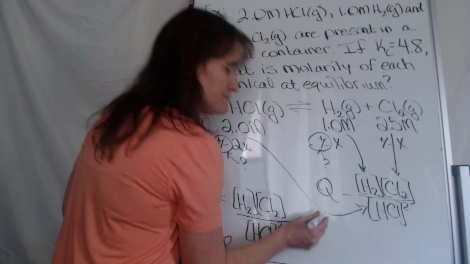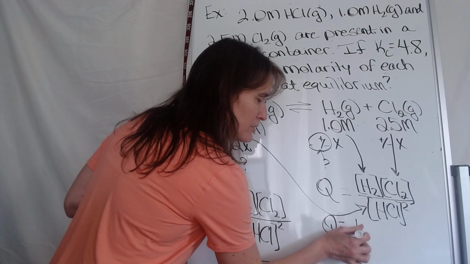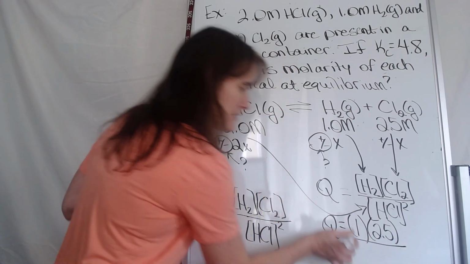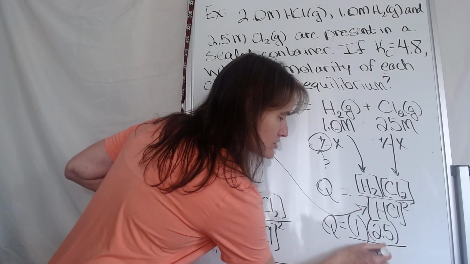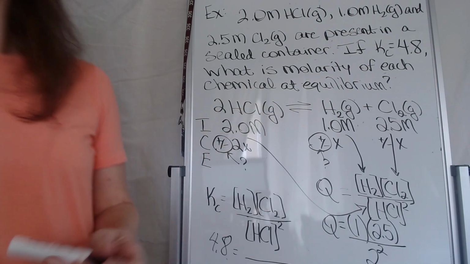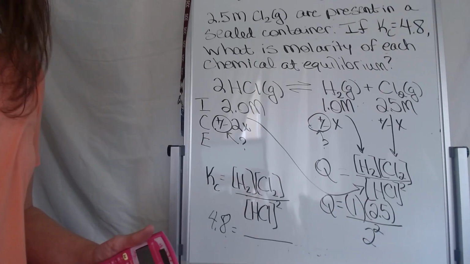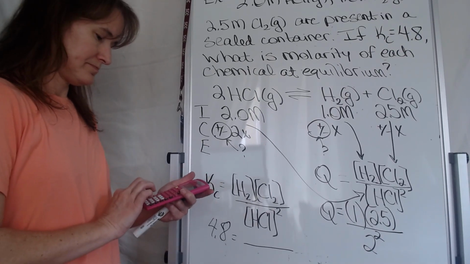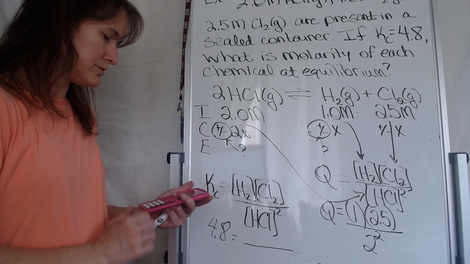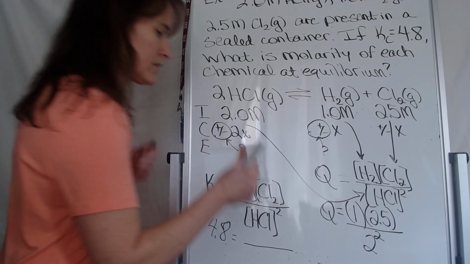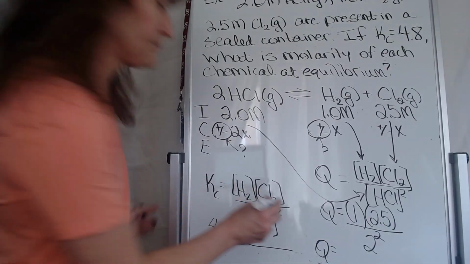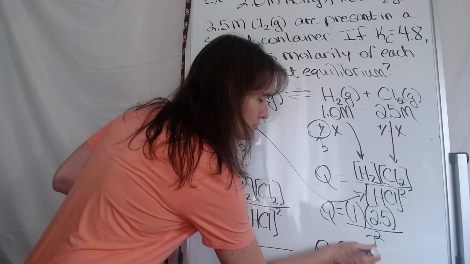So you plug in a 1 for hydrogen, a 2.5 for chlorine, and a 2, squared, for HCl, because those are your initial amounts. Then you do the arithmetic: 2.5 divided by 2 squared equals Q. I got 0.625.